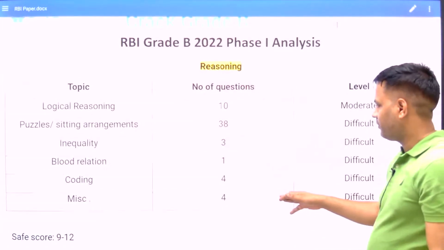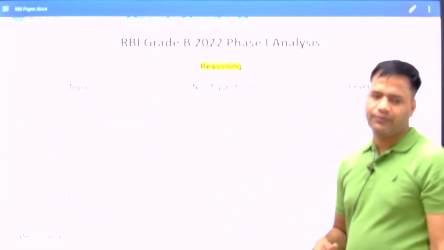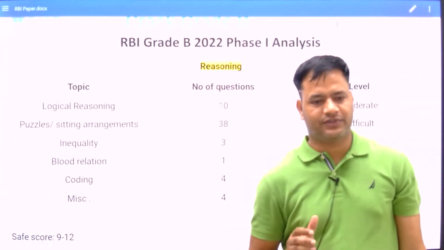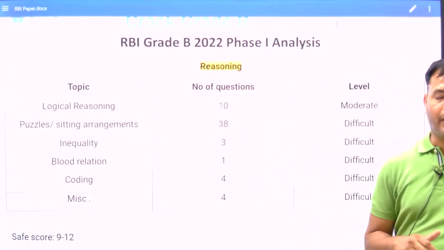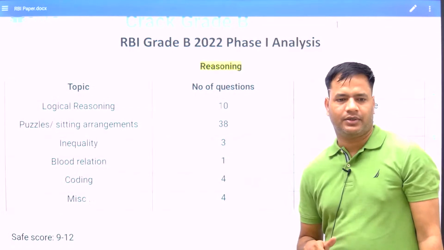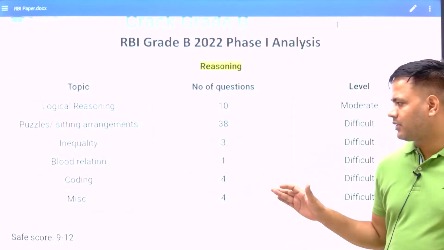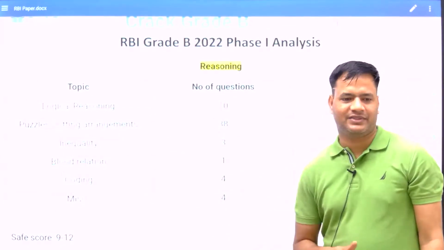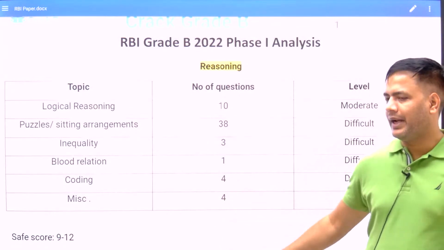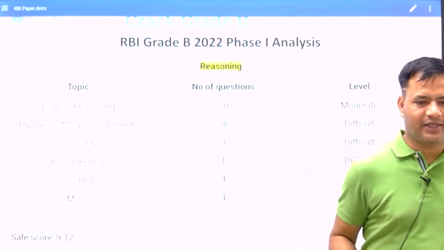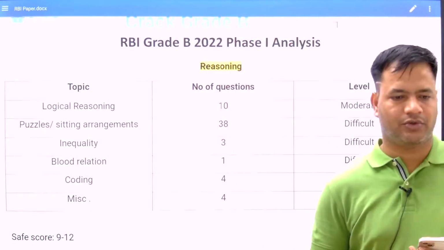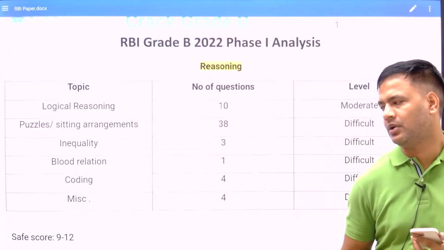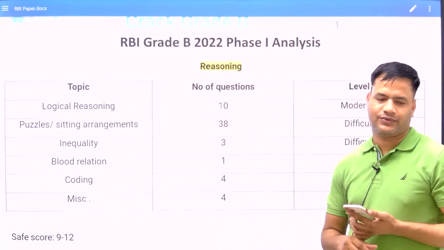There were 4 miscellaneous questions. Based on the feedback from the students in shift 2 specifically, and shift 1 also, the paper was extremely difficult and attempts are very less. If you are able to score 9 to 12 in the general category, as per our analysis based on previous years, 9 to 12 is the safe score.